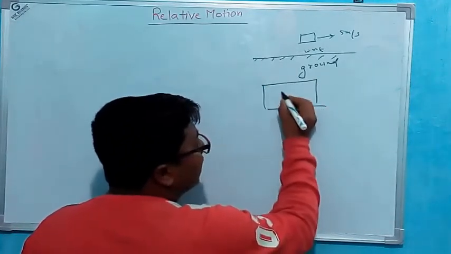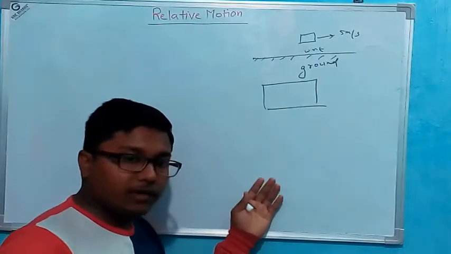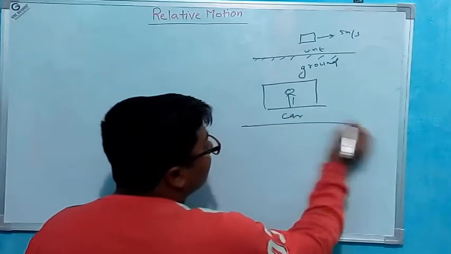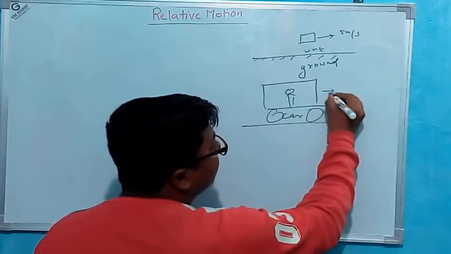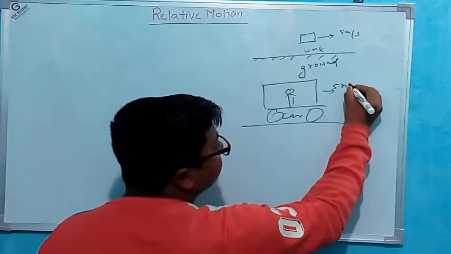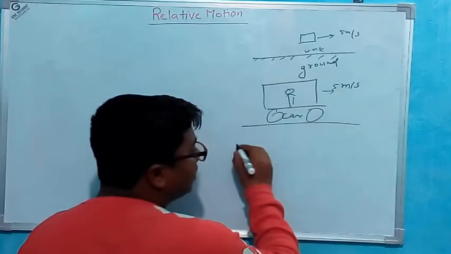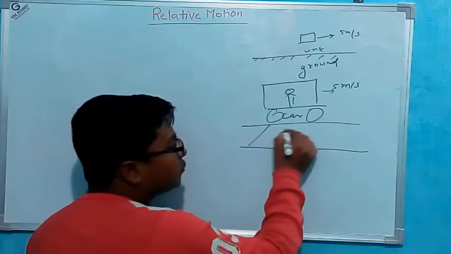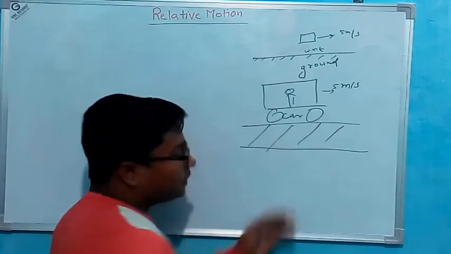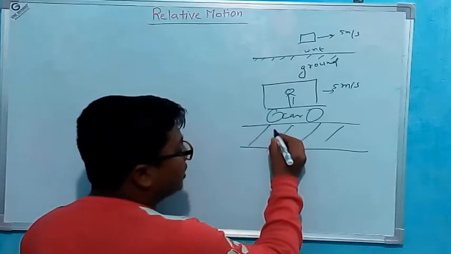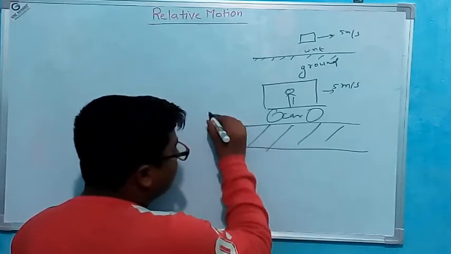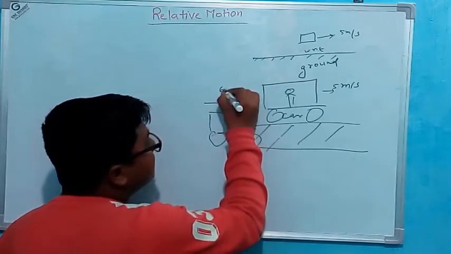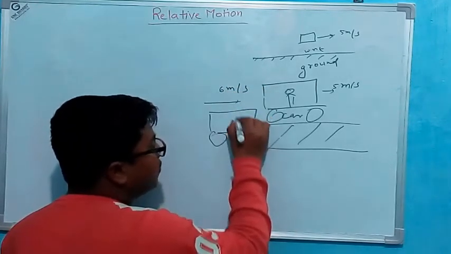What am I saying? An object moving in a car means this is a car moving on a road with 5 meter per second, and on the same road, adjacent to the car, another vehicle is coming with 6 meter per second.